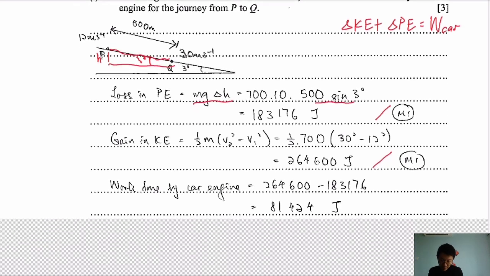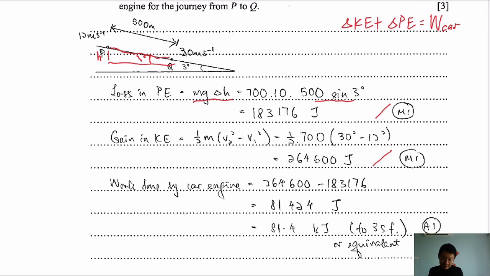Okay, so finally, the work done by the engine is the change in KE plus the change in the PE. The change in KE is positive in this case because the car is getting faster, so it has gained some energy. The change in PE here is negative because the car has gone lower, so it should be a decrease in the PE.